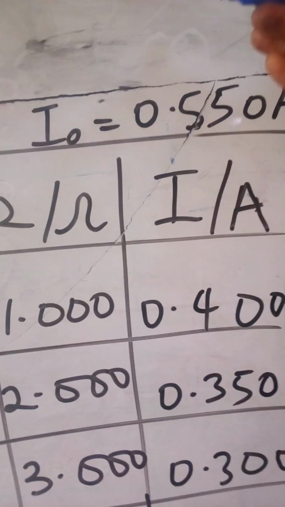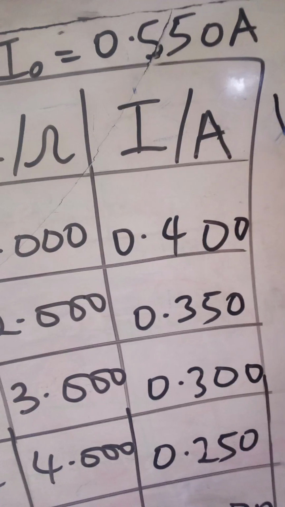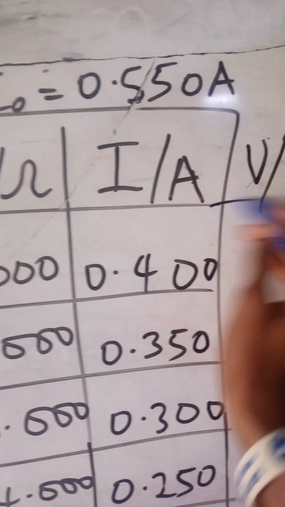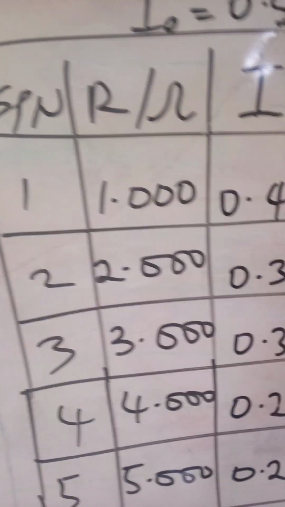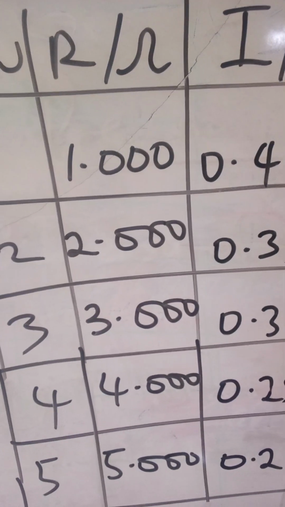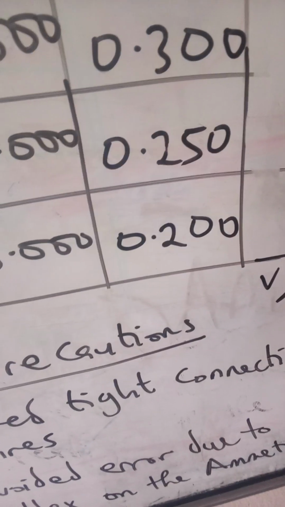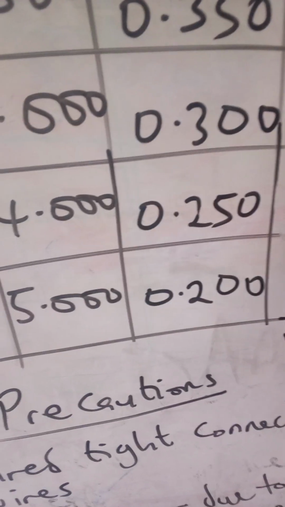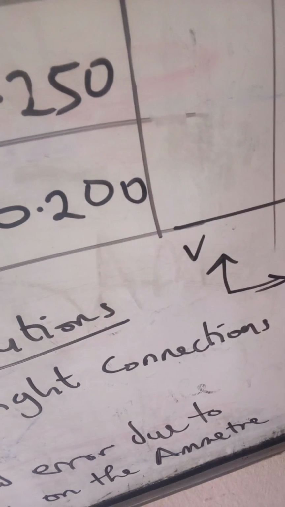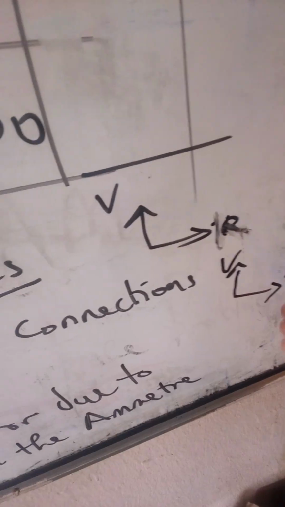Of course, with this relationship, you can find V. So if the examiner wants you to find V, simply multiply I by R, and you find your V. So you can plot a graph of V against I, or V against R, depending on what the examiner wants you to evaluate, as the case may be.